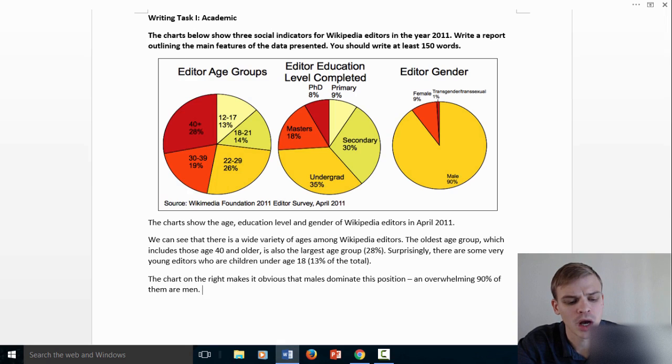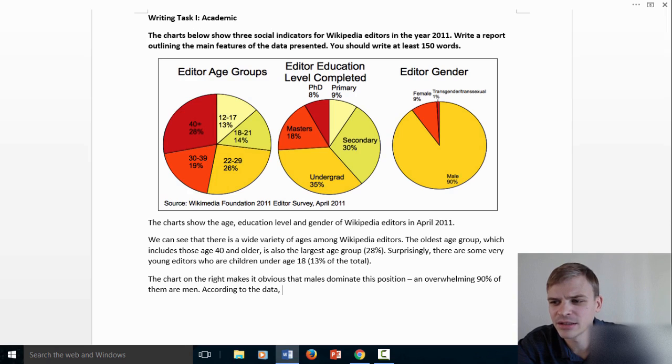All right, so what else? According to the data, if you're looking at the middle graph, the middle chart, it talks about their education. So according to the data, what can we say about the education levels?